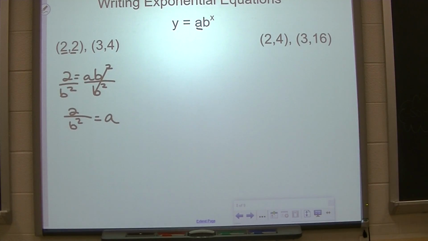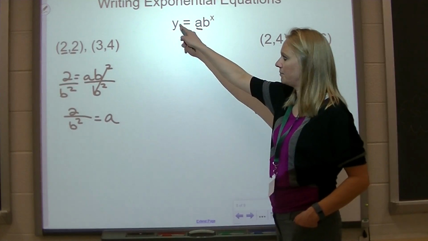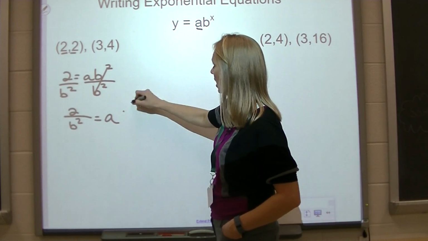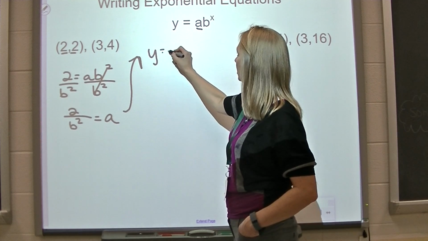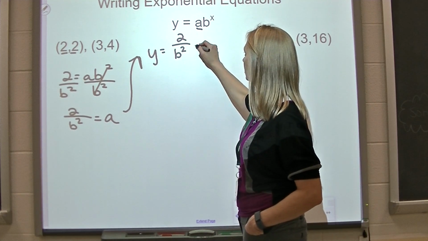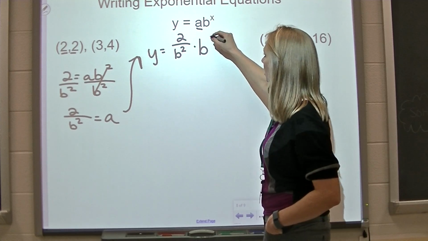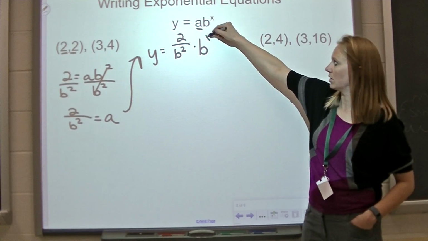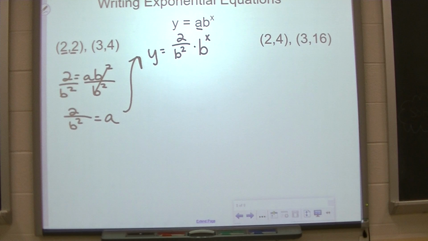Okay, so we have a. Then we take that and substitute it in for a here. So we essentially have y equals 2 over b squared times b to the power of x. You might say, well, you just used 2.